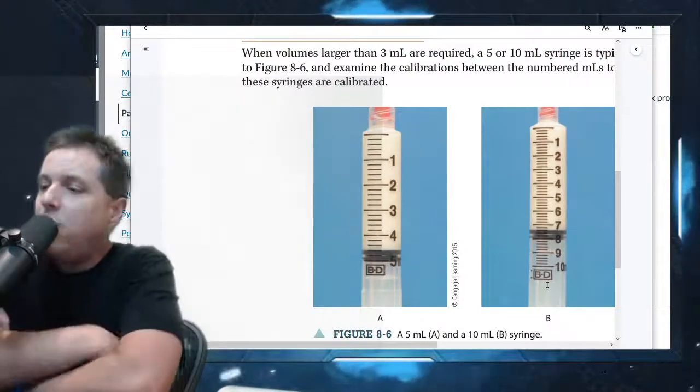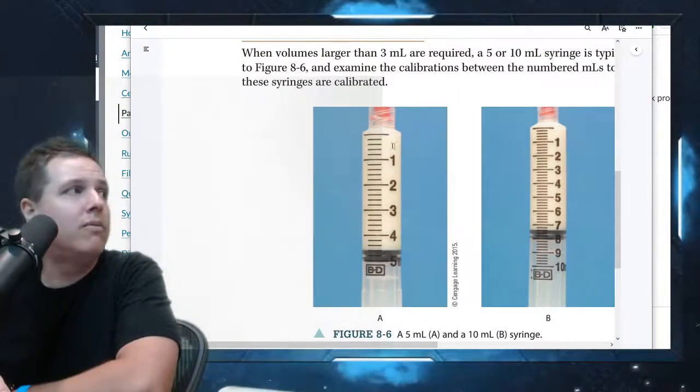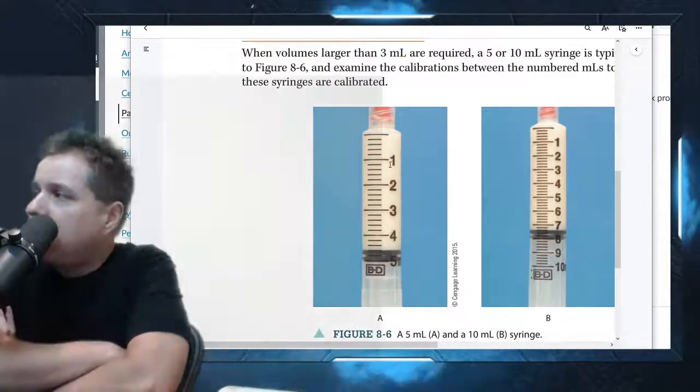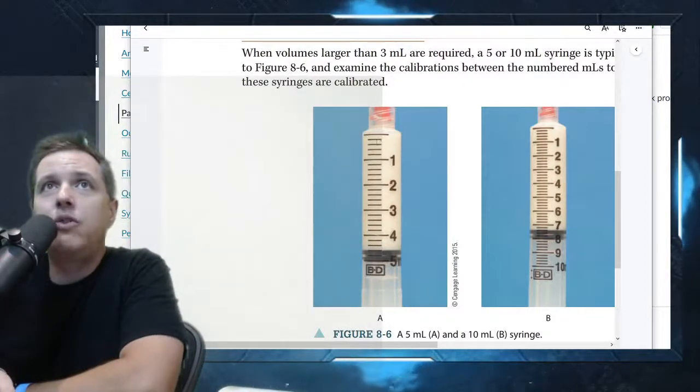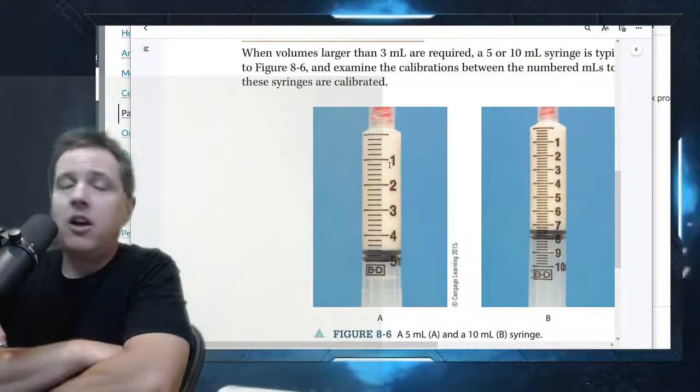Well, it's the same way that I was describing earlier, right? If we go from here, which is 0, and we're going down to 1, well, how many divisions are there between 0 and 1? Well, there's 1, 2, 3, 4, and then the 5th one when we get to the end. So that's 5 gradations.